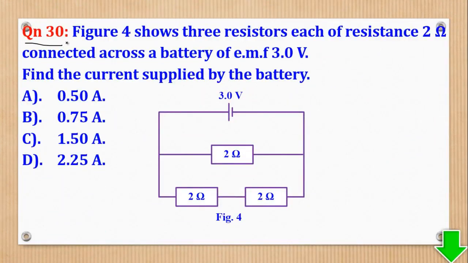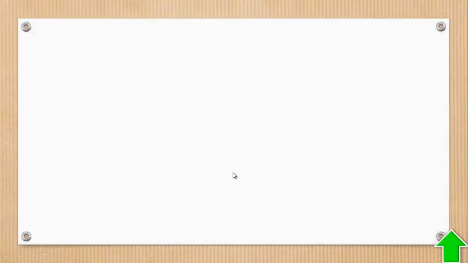Question 30. Figure 4 shows 3 resistors, each of resistance 2 ohms, connected across a battery of EMF 3 volts. Find the current supplied by the battery. So we need to find out which resistors are in parallel and which ones are in series. So let's first look at this calculation.